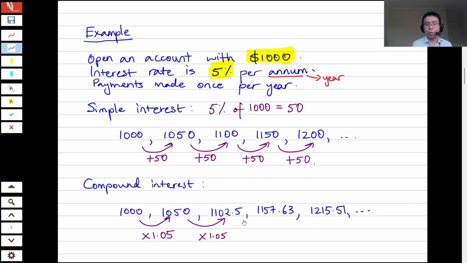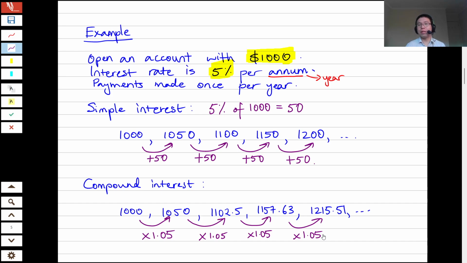And then 5% of 1,102 and then add that. So between these two accounts, I hope you can see that if you're the one who has the money, you would rather have the compound interest account.